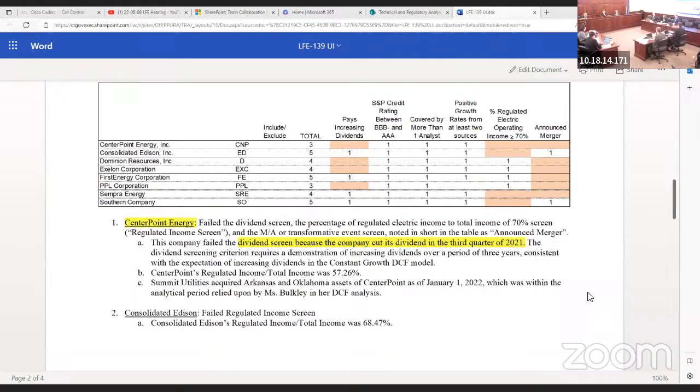I took it to mean mergers, acquisitions, spin-offs, which is what the authority has deemed to be valued for exclusion from a proxy group. But this concept of bad news, I don't know how that can be clearly defined as a transformative event. Companies get bad news all the time, or good news.